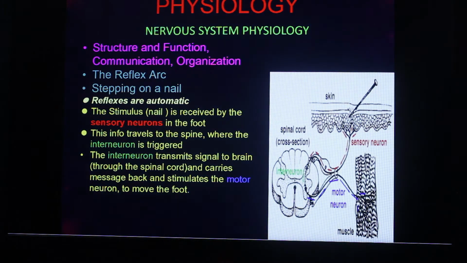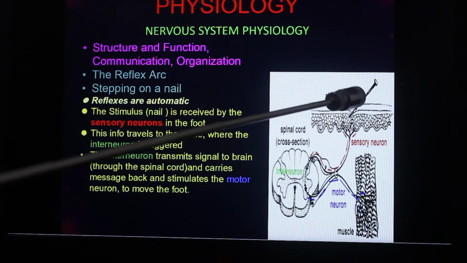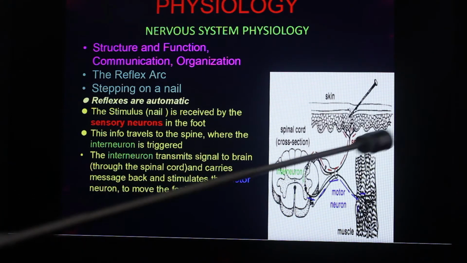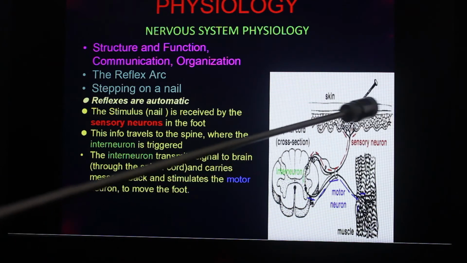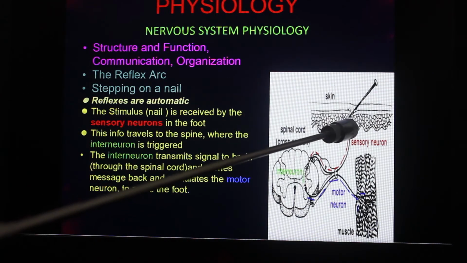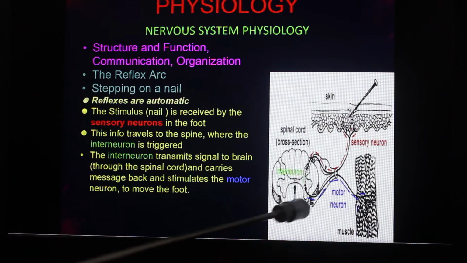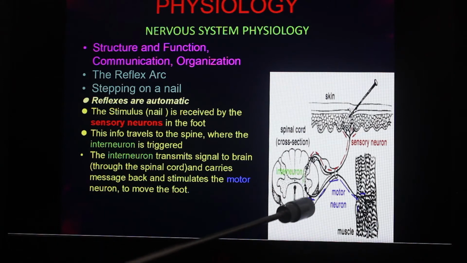Now, as an example, consider that you're stepping on a nail and the sensory neurons at the sole of your foot sense that you have just stepped onto a sharp thing. This very rapidly moves the signal to the interneurons in the spine, and then the interneurons send messages.